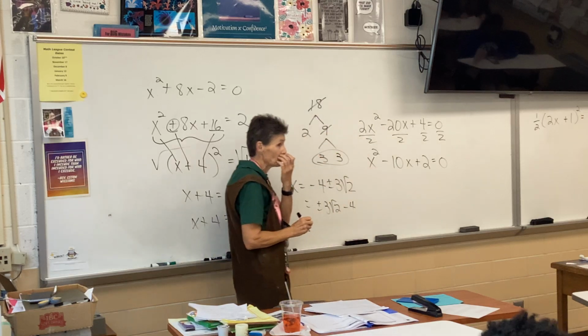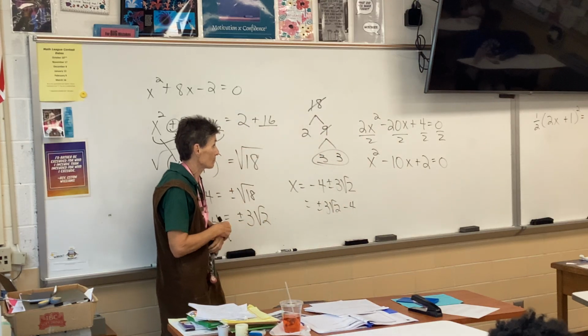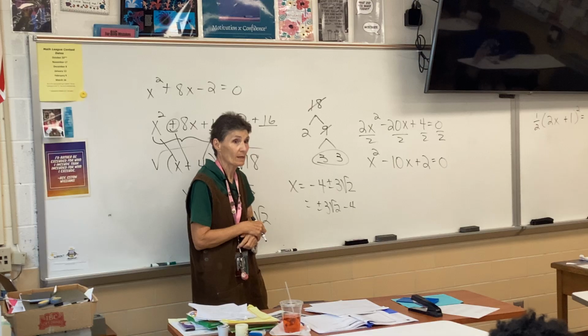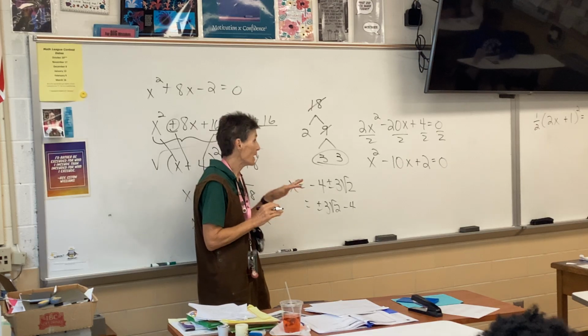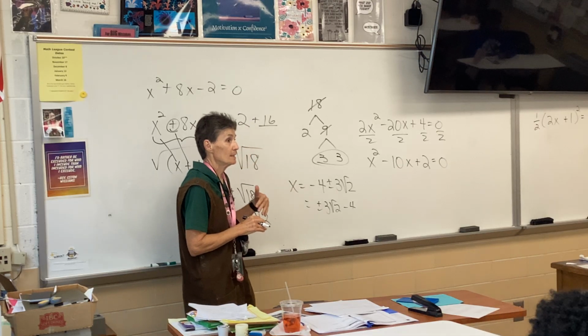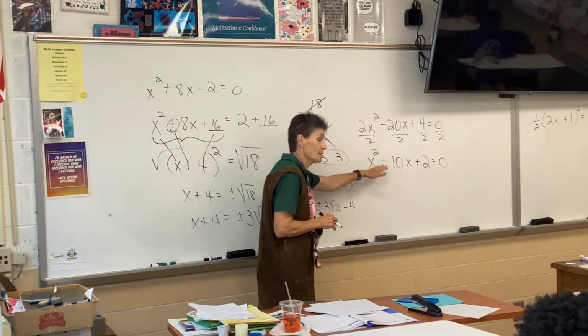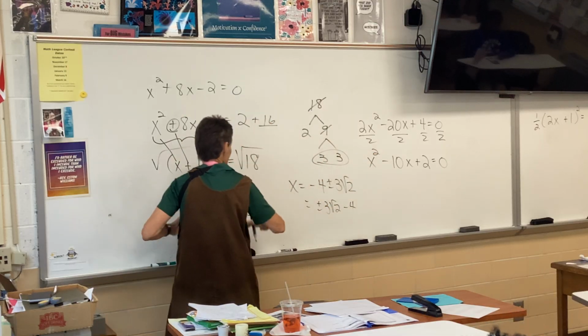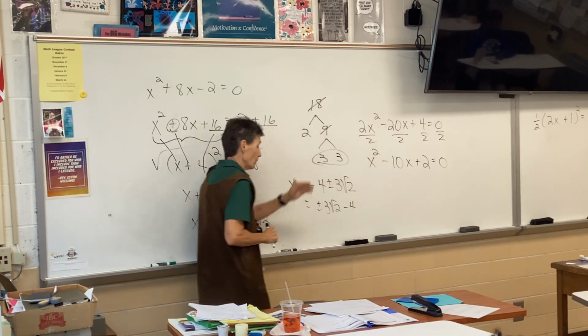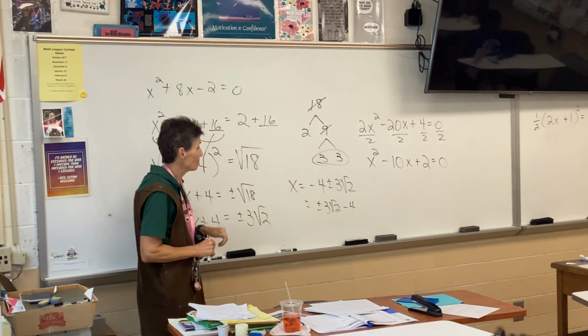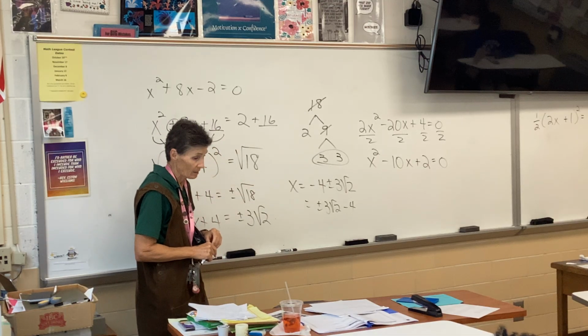Remember, 0 divided by 2 is still 0. Is that okay with people? Okay, so now what I want you to do is complete the square on this. See if you can follow these steps from the one we did the other day and this one, and see how far you can get with that.